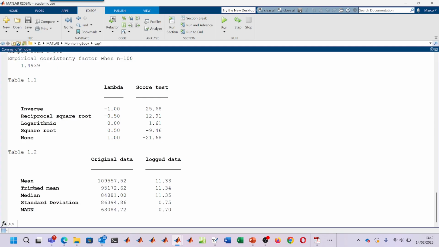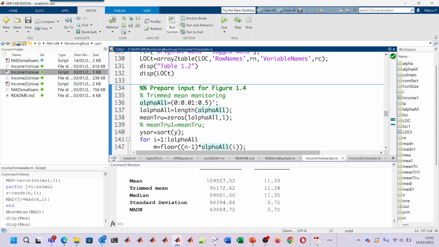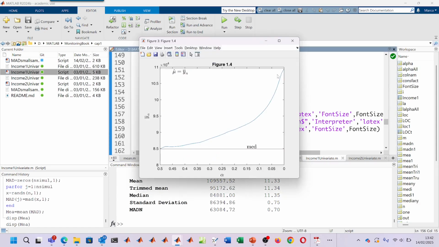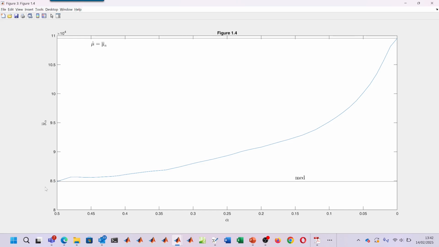Then we have the trimmed mean, and the trimmed mean depends on the proportion of observations that you wish to trim. In figure 1.4, we show the value of the trimmed mean as the trimming proportion alpha goes from 0.5, in which case we have the median, to 0, in which case we have the normal mean.